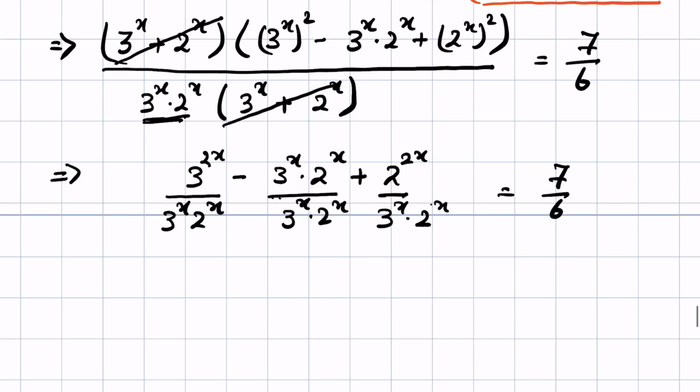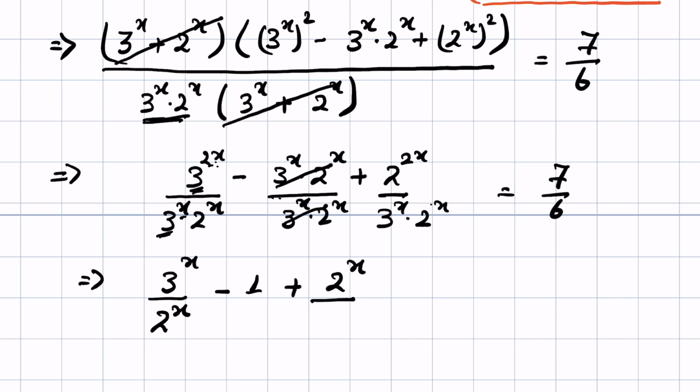So 2x minus x, this is the same base, so we can subtract the exponents. So 2x minus x will be x, so it will be 3^x upon 2^x minus 1, this and this get cancelled, plus 2^x upon 3^x is equal to 7 upon 6.